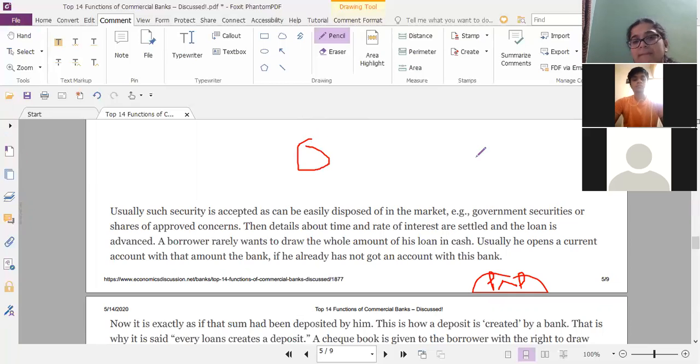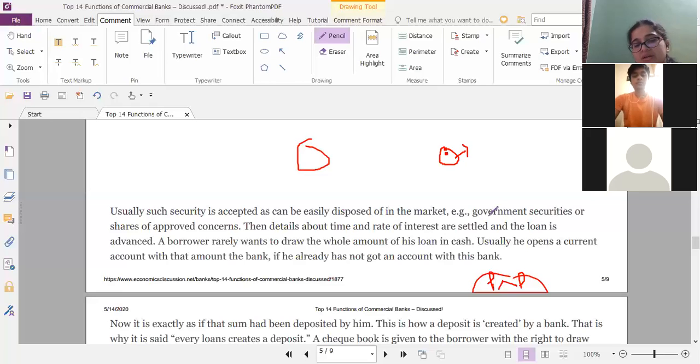In case the person who has borrowed loan from the bank is not able to pay that loan back to the bank, then the bank must be in a situation wherein it can dispose of the security which is kept with the bank by the borrower, right? Like for example, a property can be sold, right? If the property is kept as a security, then property can be sold in the market anytime, whenever the borrower is not able to pay the loan, right?